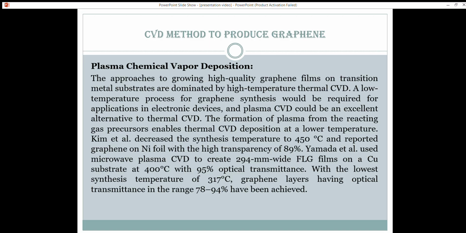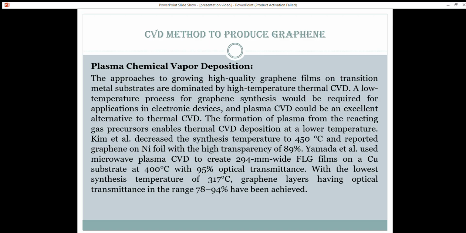Kim decreased the synthesis temperature to 450 degrees Celsius and reported graphene on a nickel foil with a high transparency of 89%. Yamada also used microwave plasma chemical vapor deposition to create 294 mm wide FLG films on a copper substrate at 400 degrees Celsius with 95% optical transmittance. With the lowest synthesis temperature of 317 degrees Celsius, graphene layers having optical transmittance in the range of 78 to 95% have been achieved.